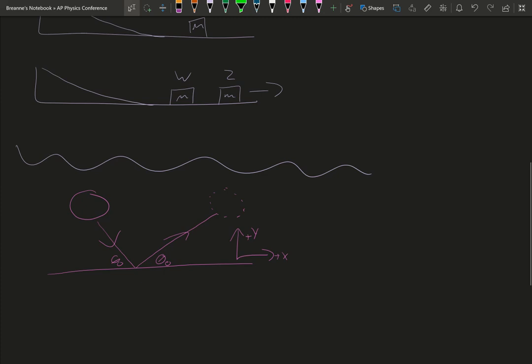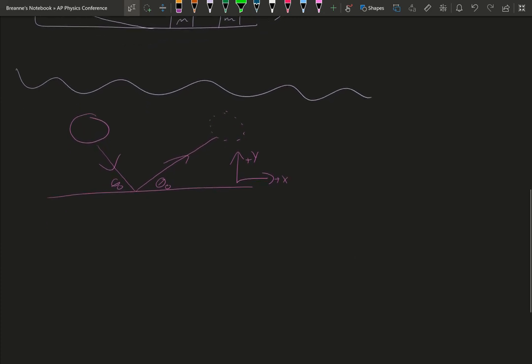So anything in 2D, you can refer back to projectiles. So in projectiles, we always had a change in y, but we had no change in x. So it'll be the exact same thing.